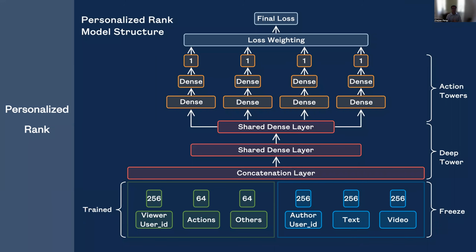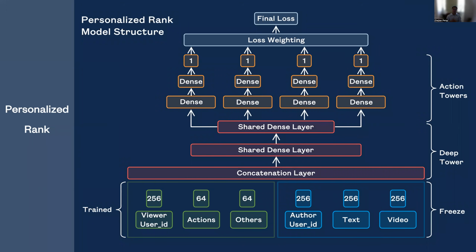This personalized model contains trained parameters and frozen parameters. Frozen parameters contain author UID embedding, text embedding, and video embedding. Those are 256-long vectors, and they're concatenated together to represent author information, text information, and video information.